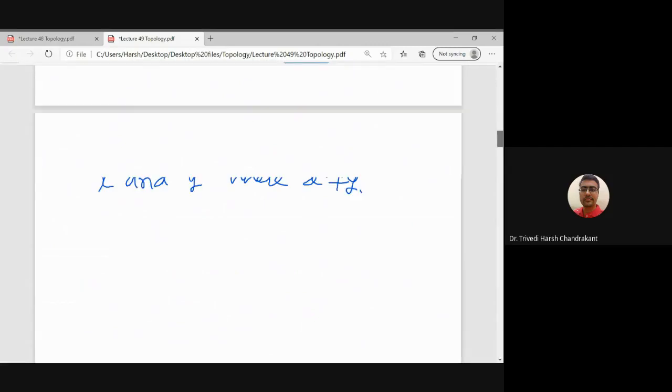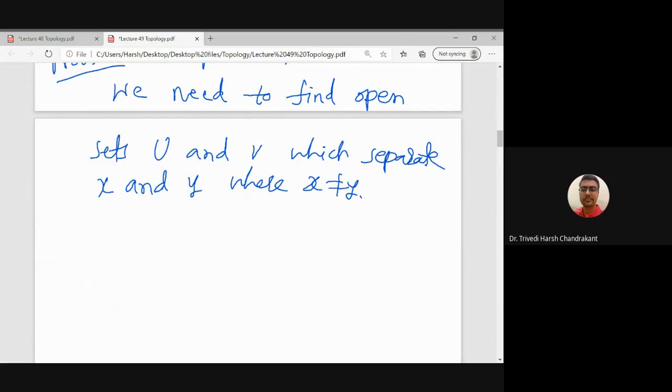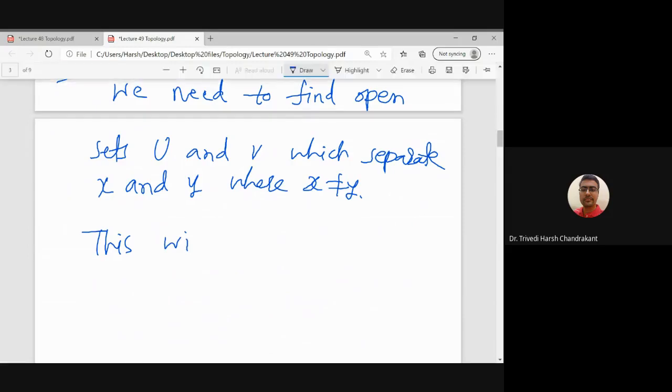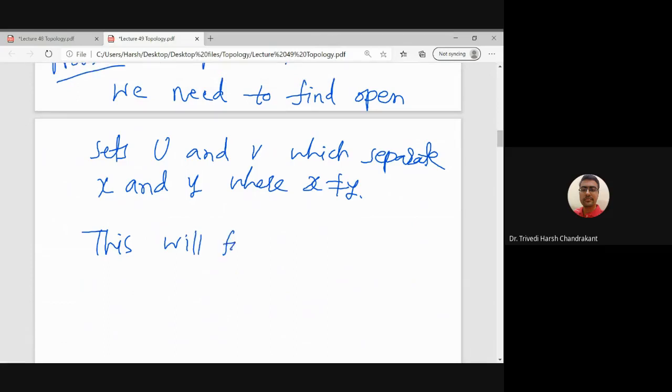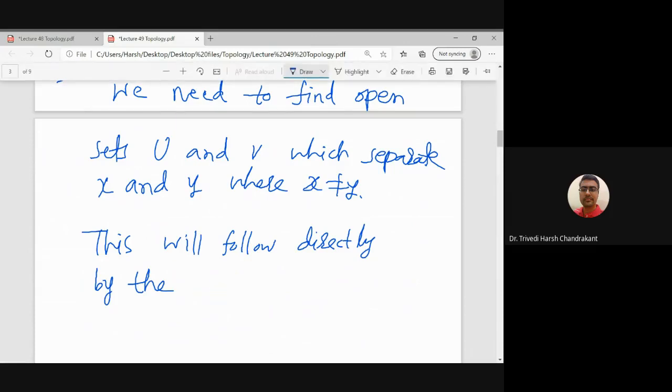This will follow directly by the hypothesis, by the definition of regularity.